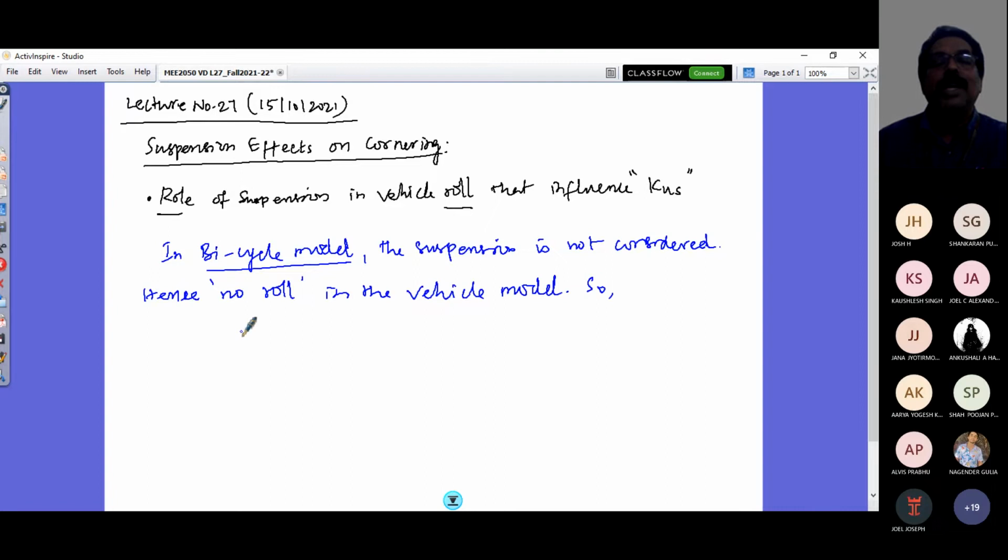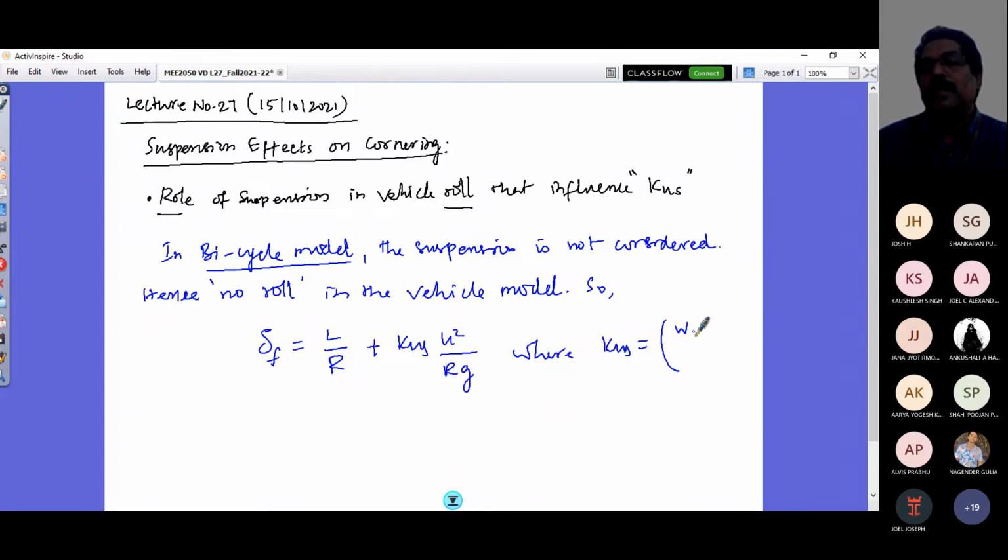We looked at the steady state motion of the bicycle model in cornering from the fundamental equation delta F equals L by R plus KUS into U squared by RG, where we define KUS by tire compliance.